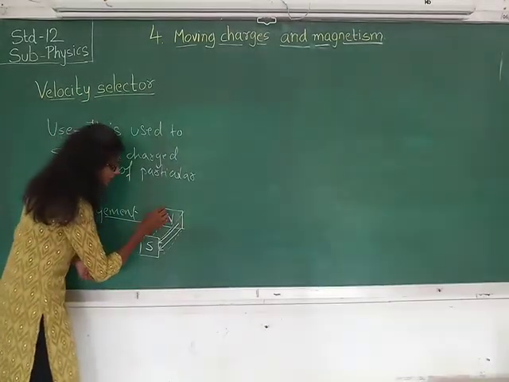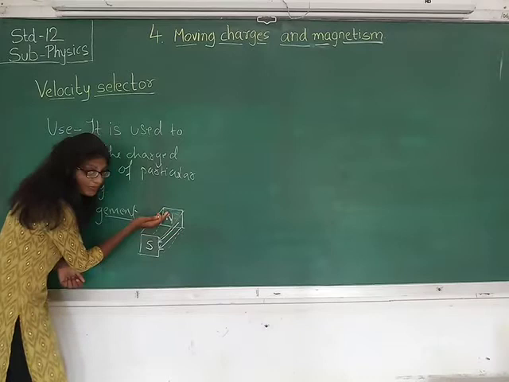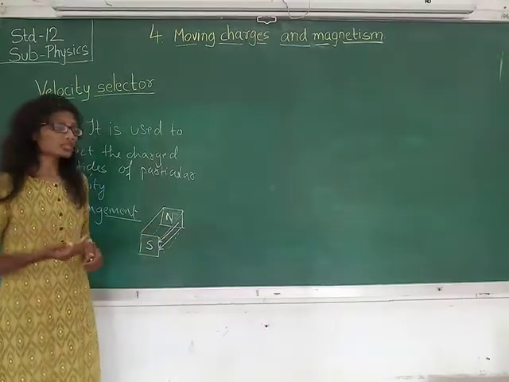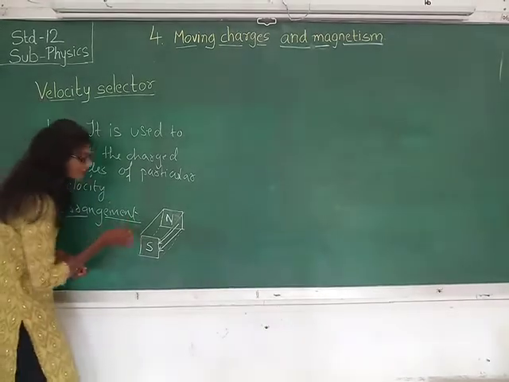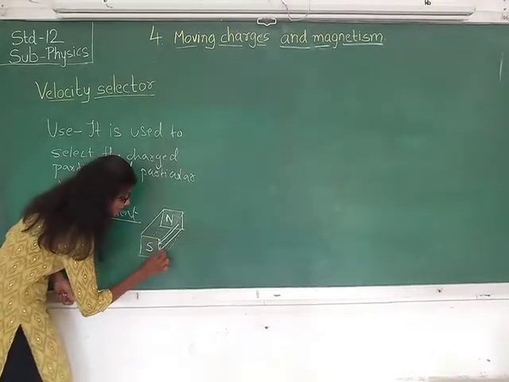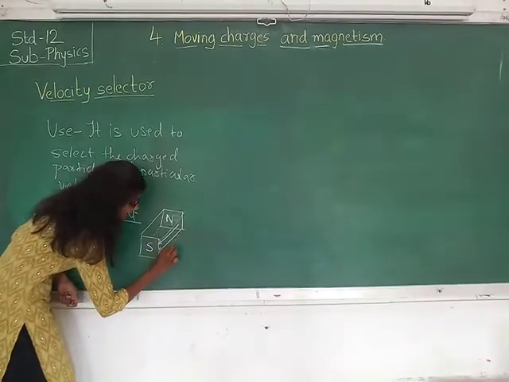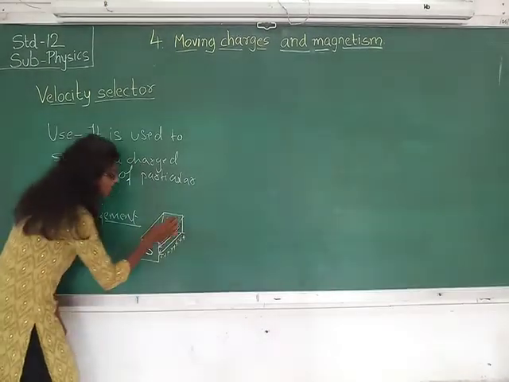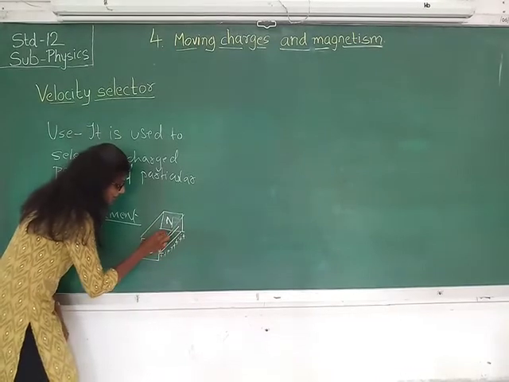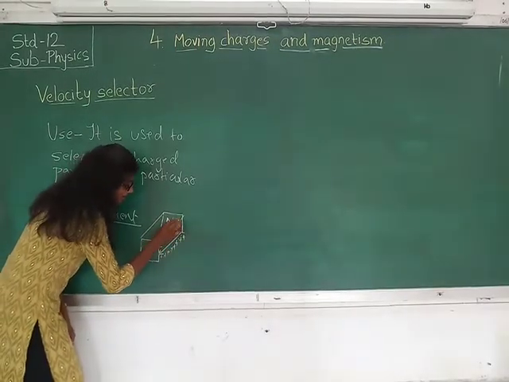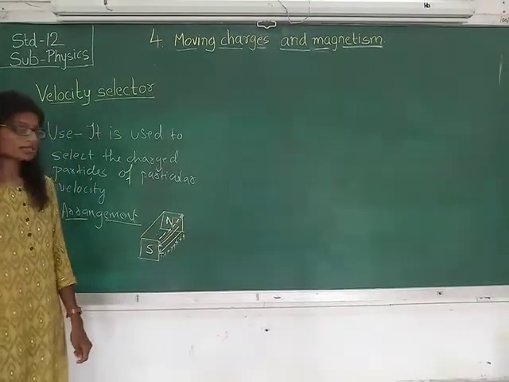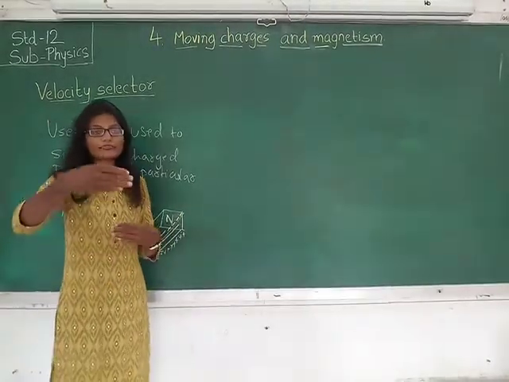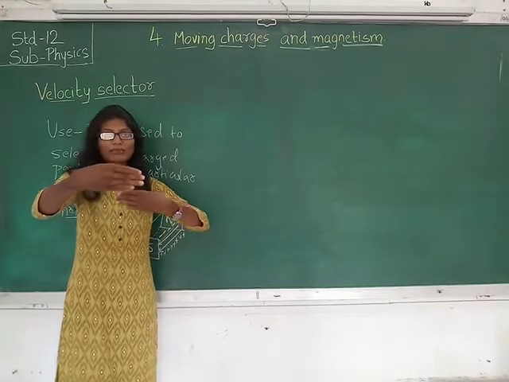As you can see, the upper plate and the lower plate are charged plates. The lower plate is positively charged and the upper plate is negatively charged. You can understand this arrangement: at the front and at the back, two magnets are kept.